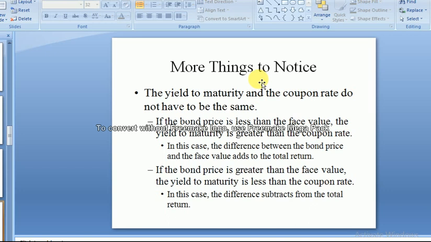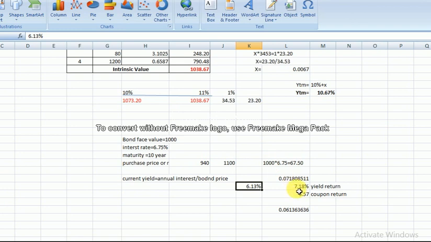Yield to maturity is one thing, and the coupon rate or interest rate is something else. If the bond price is less than the face value, the yield to maturity is greater than the coupon rate. In this case, the difference between the bond price and the face value adds to the total returns, as I discussed in my practical example.